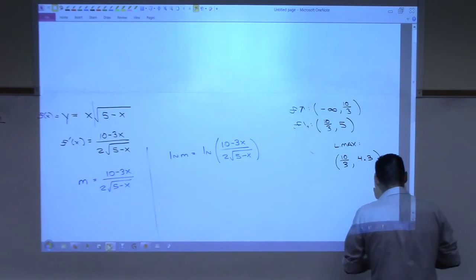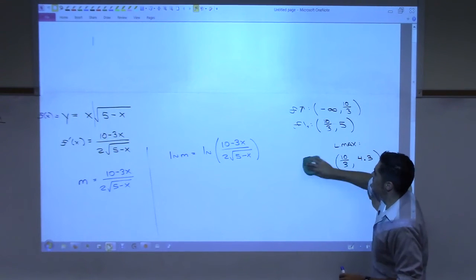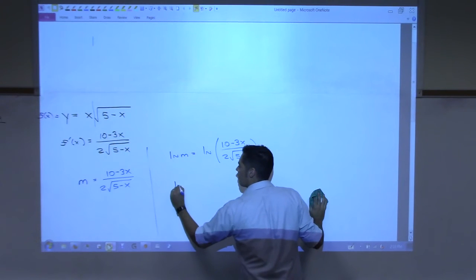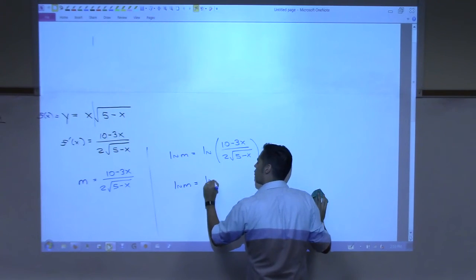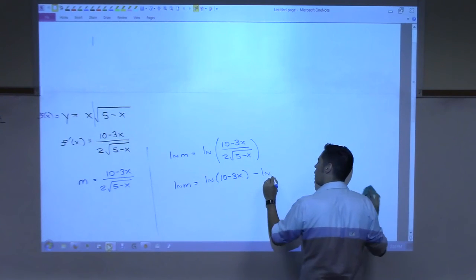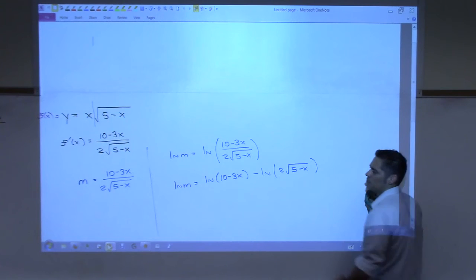And then I could use the property of logs to split the right side into what? Natural log of 10 minus 3x minus natural log of 2 root 5 minus x.